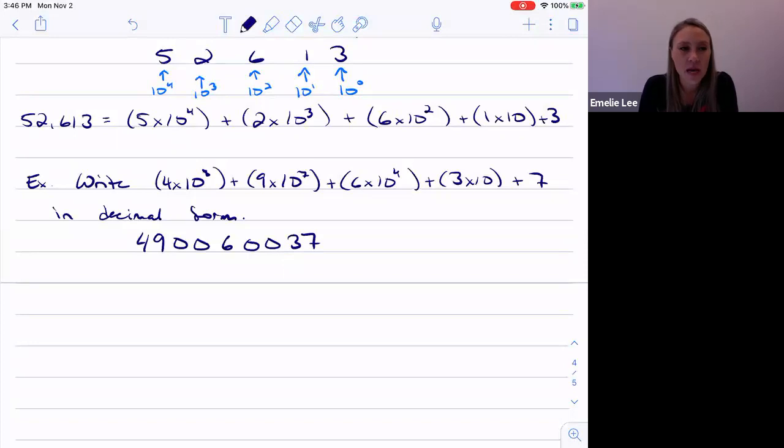So same idea, right? As 10 to the power of 0, 1, 2, 3.